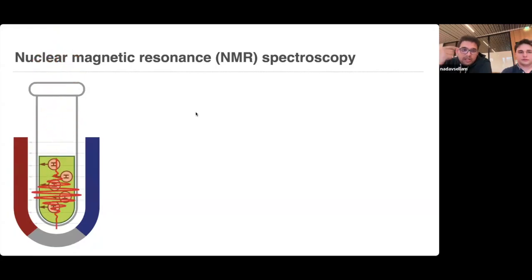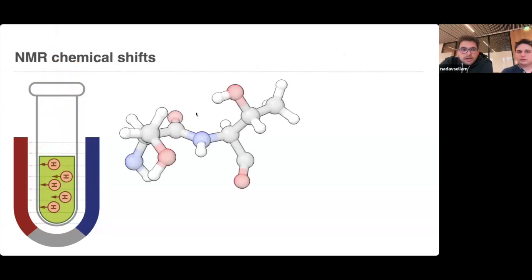Then once these nuclei are aligned, a radio frequency pulse is applied to excite these nuclei. The nuclei that are resonating with the frequency of the radio frequency pulse absorb energy and they emit it once the pulse is induced.